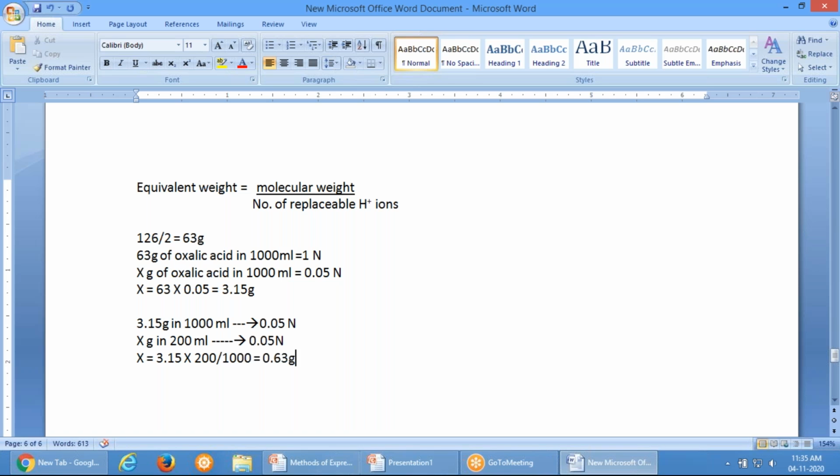So 0.63 grams in 200 ml will get 0.05 normal.